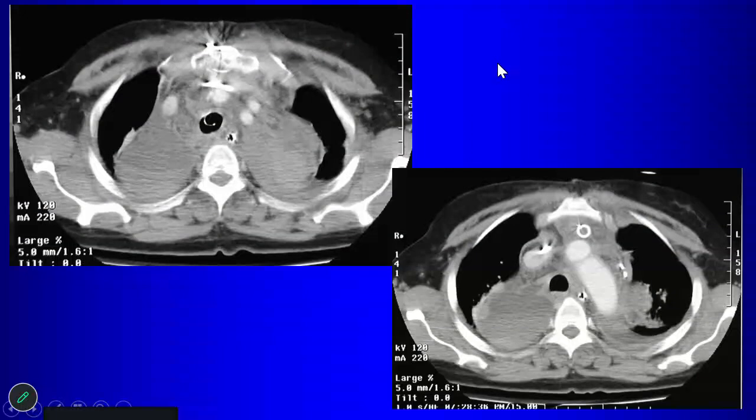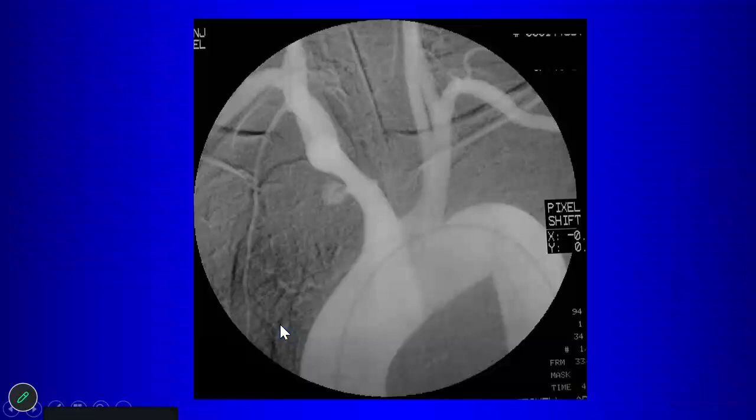On the CT, you can have heterogeneous attenuation, the higher components, hematocrit kind of layers out a little bit more posteriorly. This was a result of attempted line placement. They perforated the innominate artery, the brachiocephalic artery, resulting in a pseudoaneurysm and bleeding into the mediastinum.